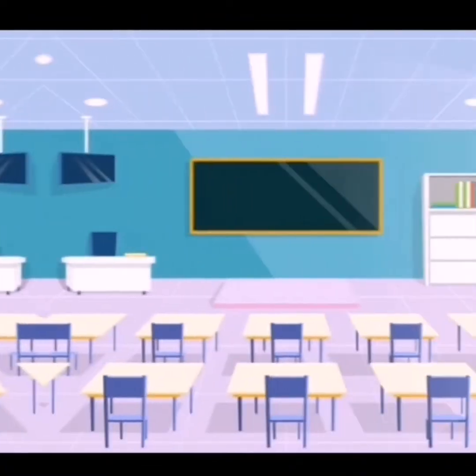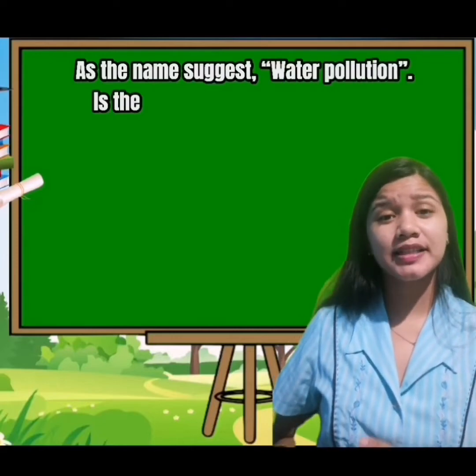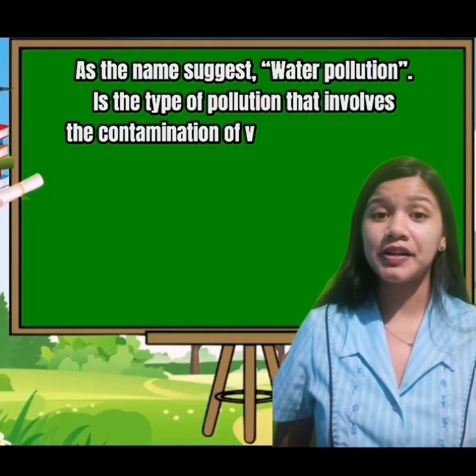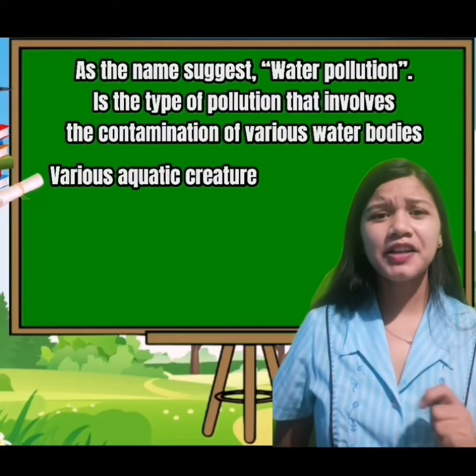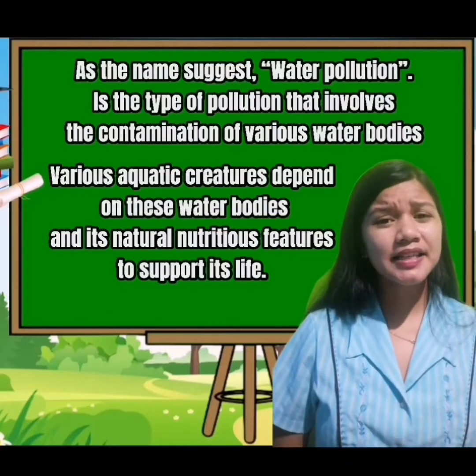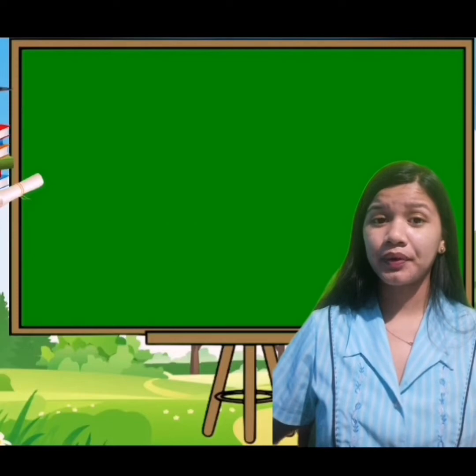The first one is water pollution. As the name suggests, water pollution is a type of pollution that involves the contamination of various water bodies. Various aquatic creatures depend on these water bodies and their natural nutritious features to support their life.